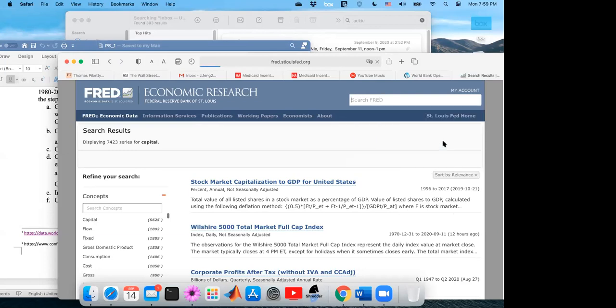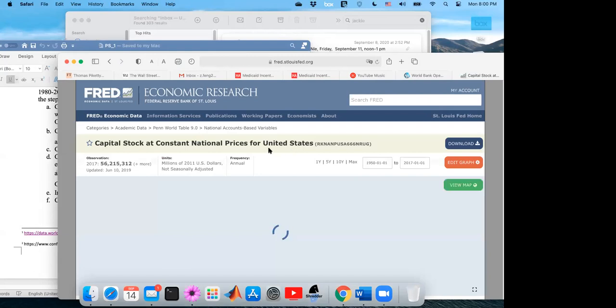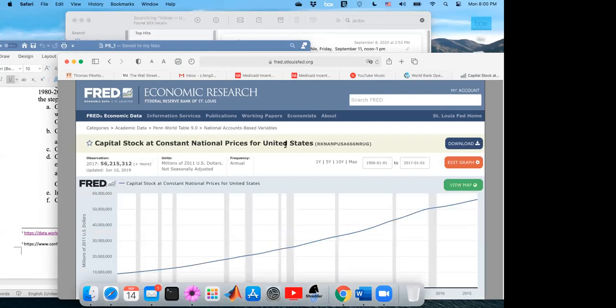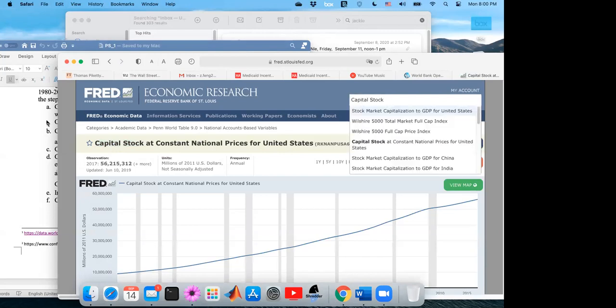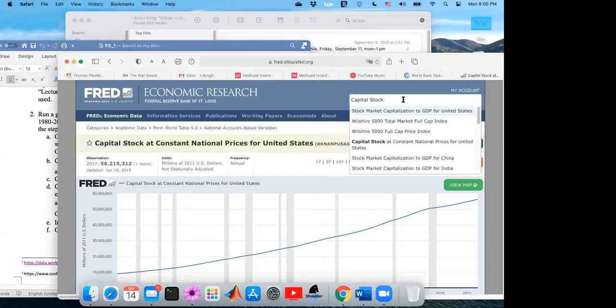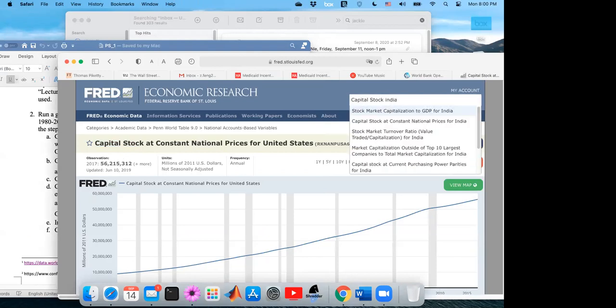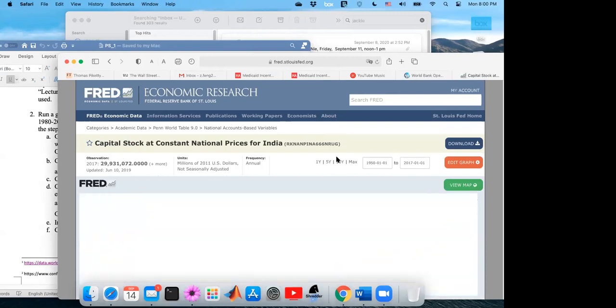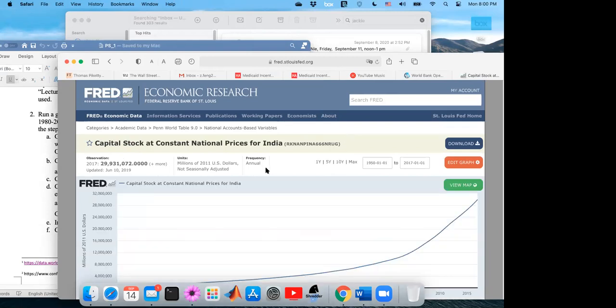Okay, so you may want to look at this one, but this is capital stock for the United States. Right, okay, and then maybe you can just try. Which country did I ask you? So okay, let's just say capital stock India. Okay. Does that make sense?